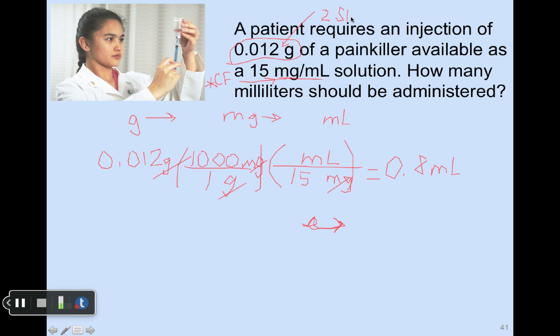Again, the 0 in front of the 1 and 2 is a placeholder. The other value is also 2 sig figs, and so we should report a 2 sig fig answer. Well, if you have 0.8, how do you get it into a 2 sig fig answer? You add a 0 at the end, and that becomes a 2 sig fig value. 2 sig figs. All right, that's another example of how we do calculations and sig figs together.